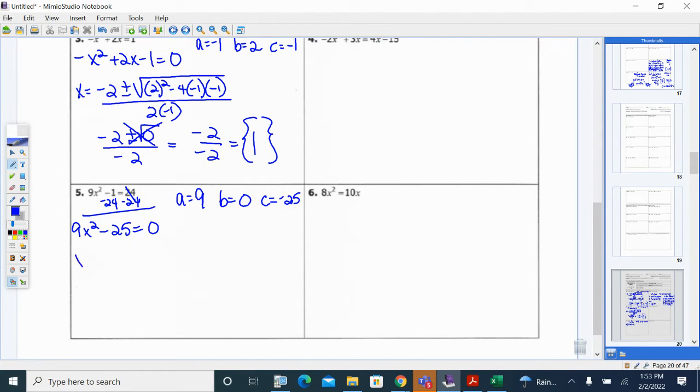Plugging this into the quadratic formula, x equals the opposite of b, well, the opposite of 0 is still 0, plus or minus the square root of b squared minus 4 times a times c, divided by 2 times a. So your discriminant is 0 squared.